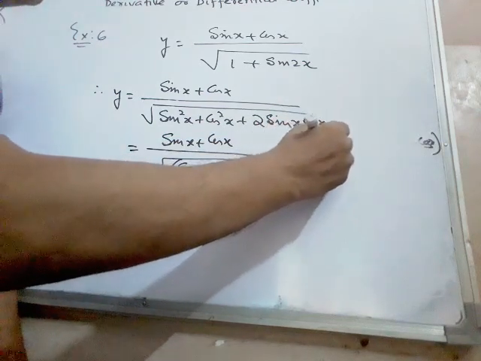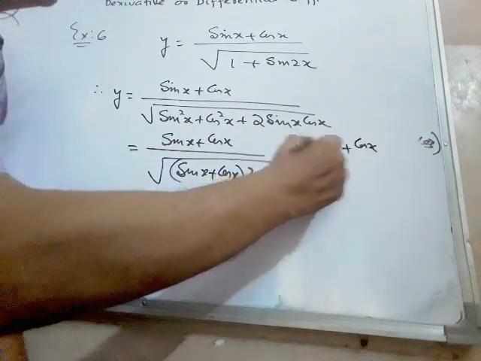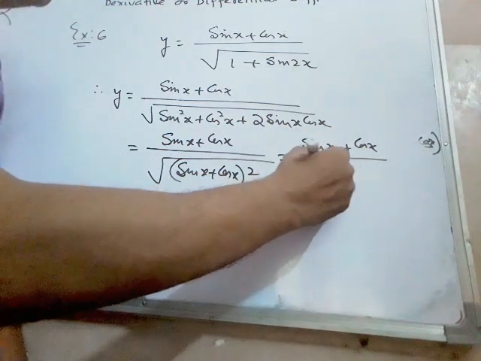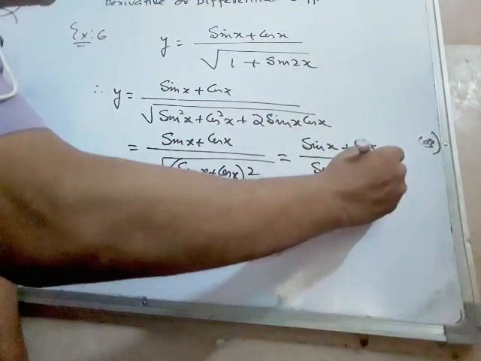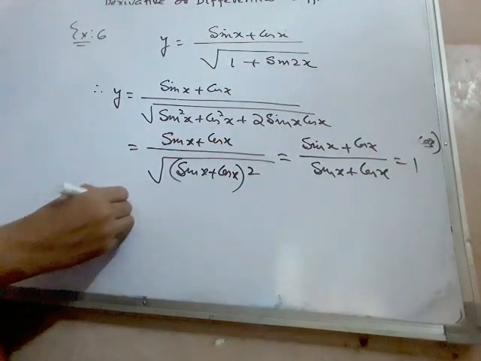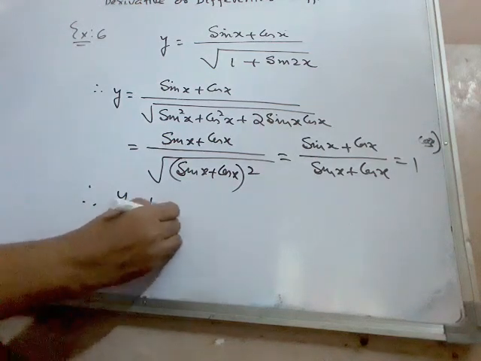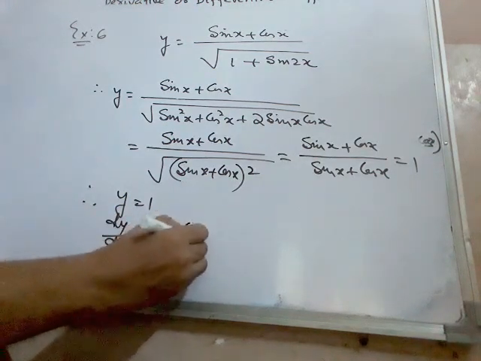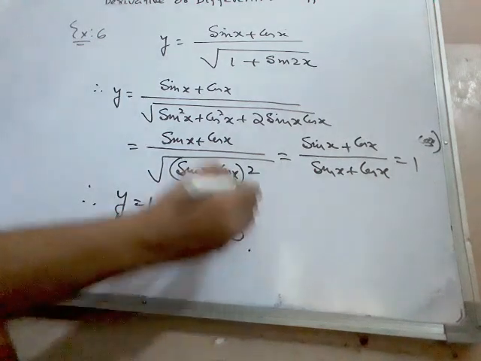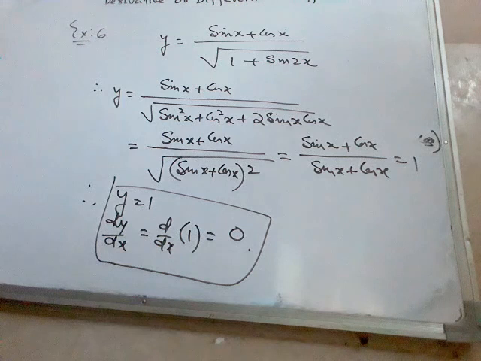Therefore (sin x plus cos x) divided by (sin x plus cos x), which is 1. Therefore y equal to 1, and dy by dx equal to d/dx of a constant, therefore the answer is 0. So this is example number 6.